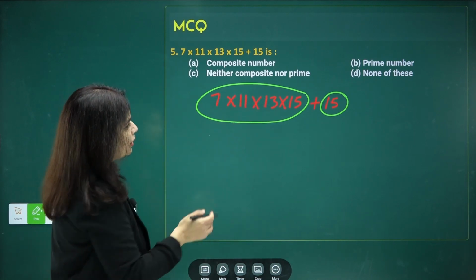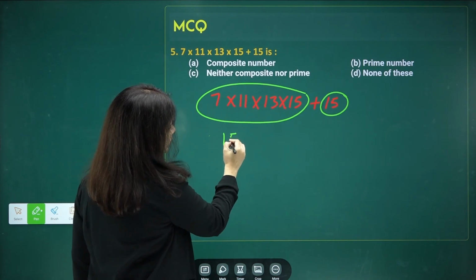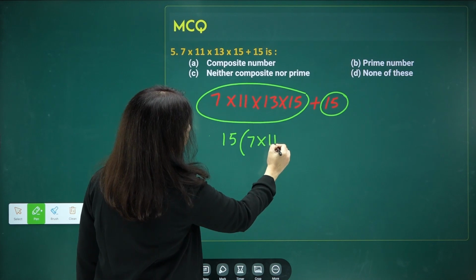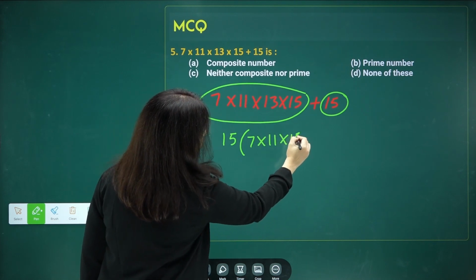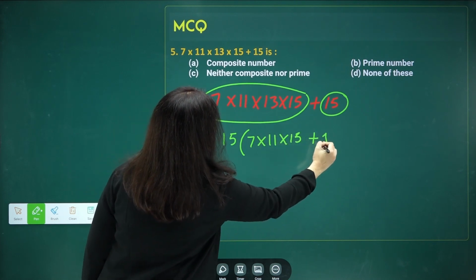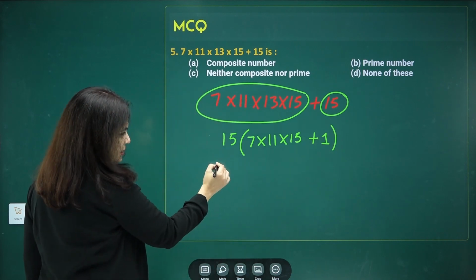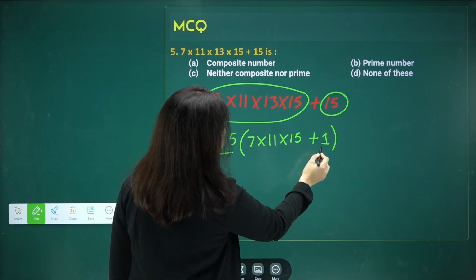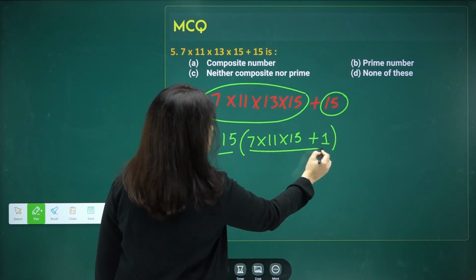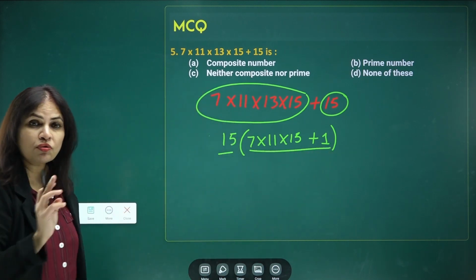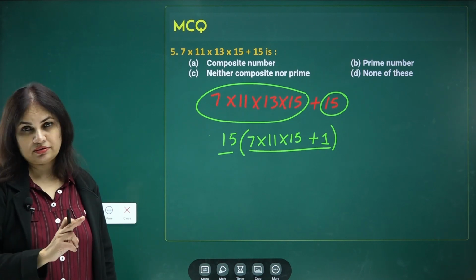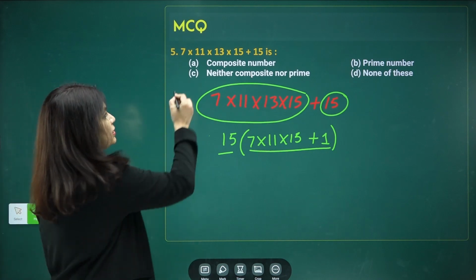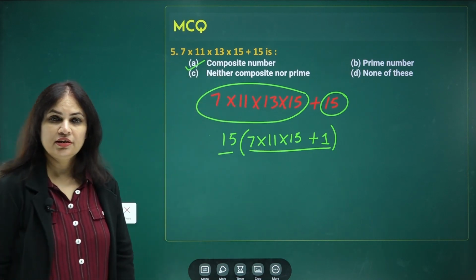Now, from the two terms, if I take 15 common, I'll be left with 7 into 11 into 13 plus 1. Now, 15 is a composite number and 7 into 11 into 13 plus 1 is another number. That means this number has two factors apart from 1. So, it's a composite number.